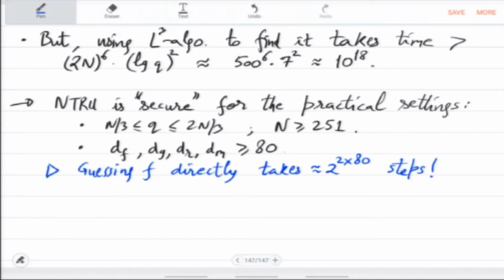It's completely infeasible. So even for n like 251, this is called NTRU 251. This is the starting point, and then as you increase n, it becomes a very secure, practically secure crypto system, which is secure even assuming quantum computation.